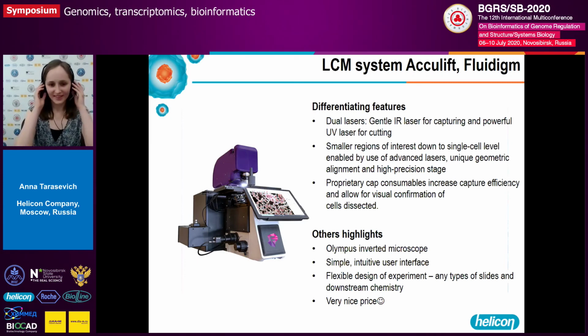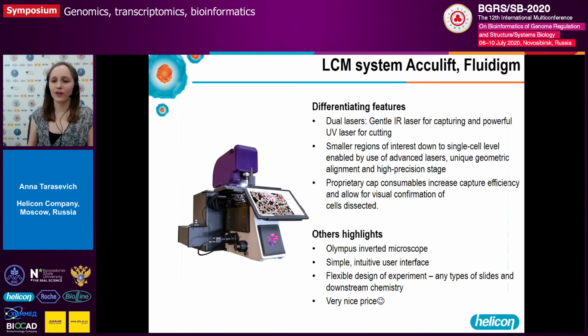One important thing is that it is a very optimized system. This is why the price is very nice too. It's twice as cheap as the previous models of similar systems. And it's very flexible. It can use any types of slides and any downstream chemistry.